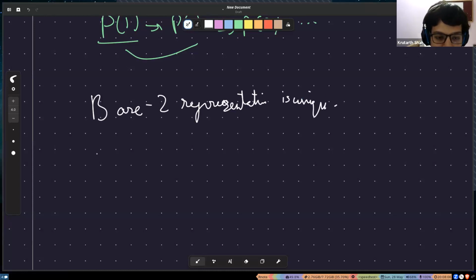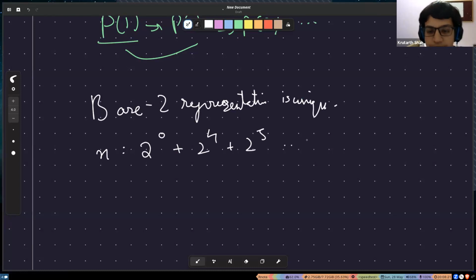So for example, given a number n, I need to represent it as a sum of powers of 2, so 2 to the power of 0 plus 2 to the power of 4 plus 2 to the power of 5, whatever this is. And I should show that this is unique.